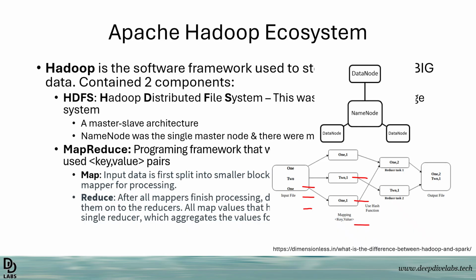During the reduce phase, all the common keys were sent to the same reduce operation so that the aggregation can happen. So 1 became 2, and 2 just occurred once. This is a very simplified way of how the counting of words in a particular document got done in a MapReduce framework.